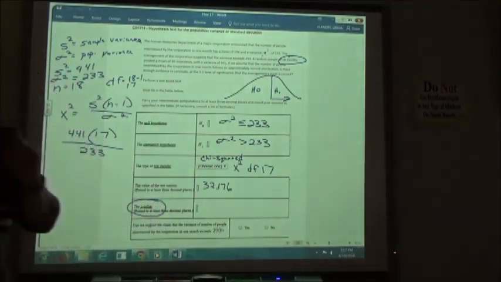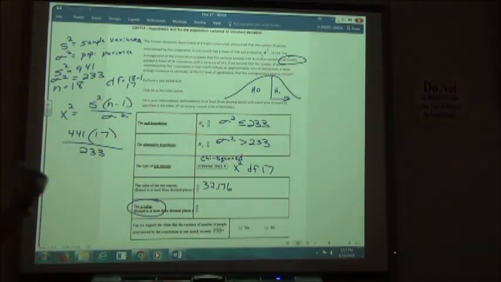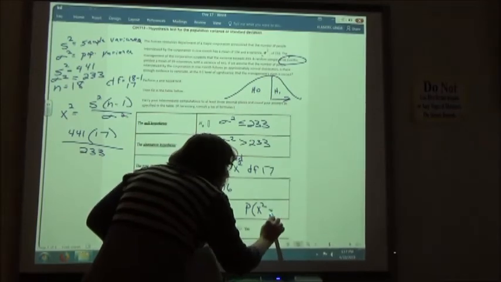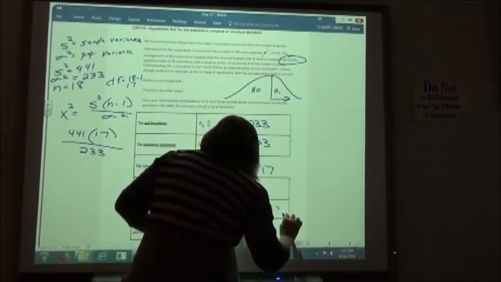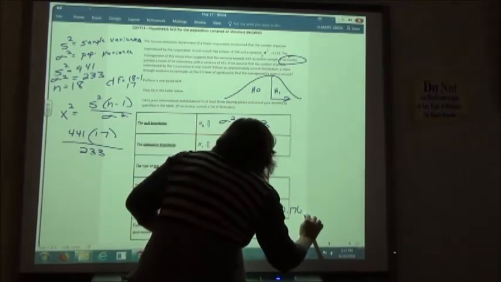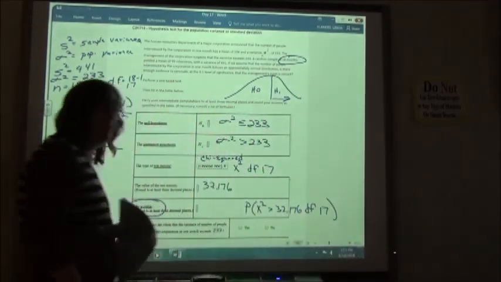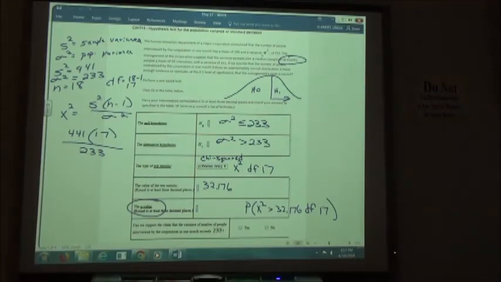If it was a less than, we'd do the 1 minus. So we're going to just use p of chi squared is greater than 32.176 with a degree of freedom of 17, right? And that's going to give our percentage we're going to compare it to.